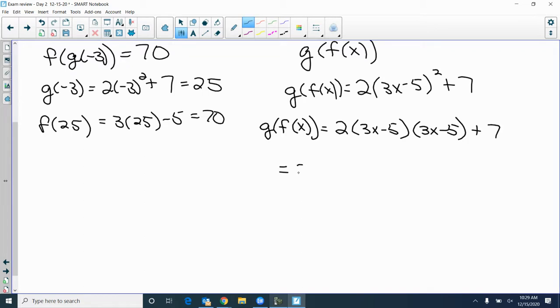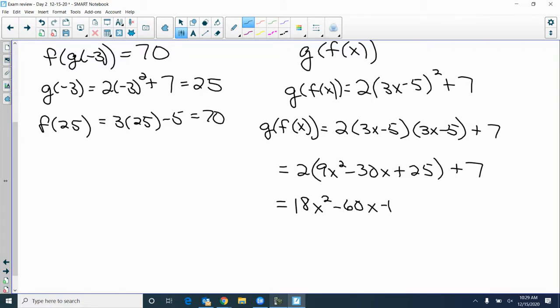And when I FOIL those, let's see what I get. I get 9x squared. I get negative 15x. I'll get another negative 15x. I'm just going to make that minus 30x. Negative 5 times negative 5 is plus 25 plus 7. Distribute the 2. 18x squared minus 60x plus 50 plus 7.